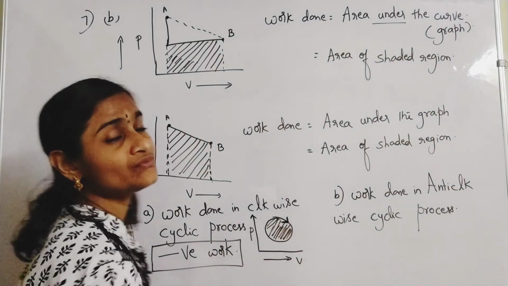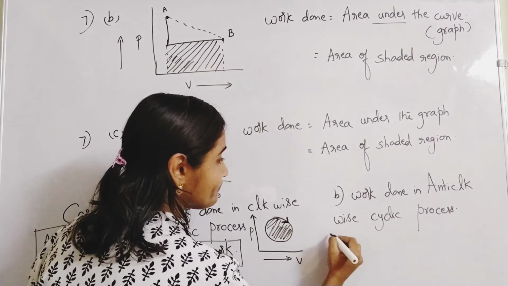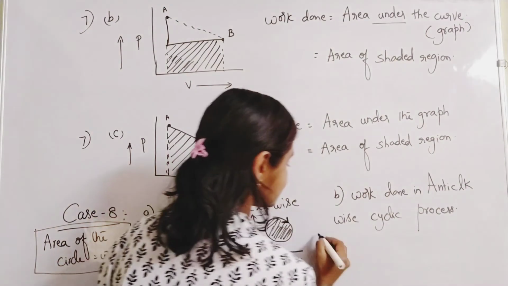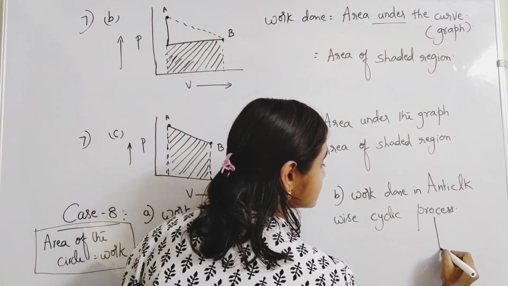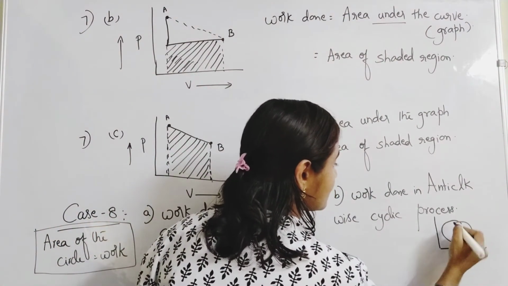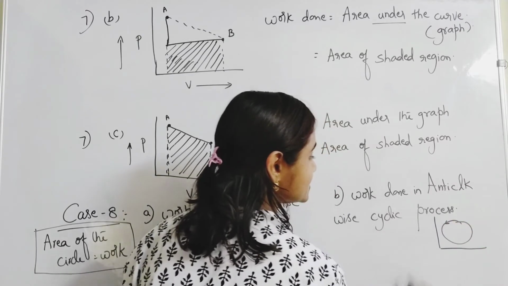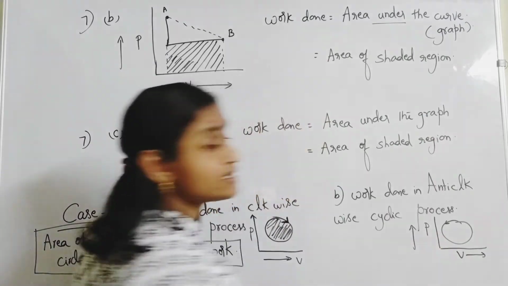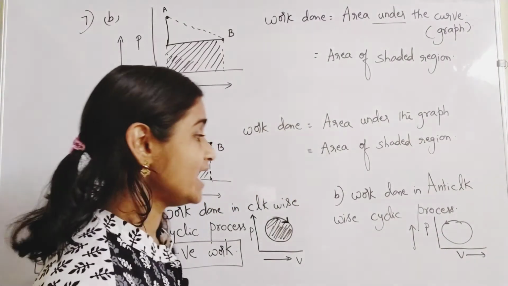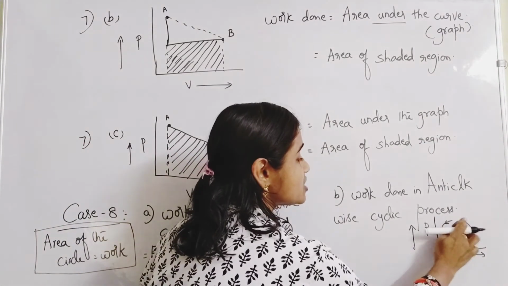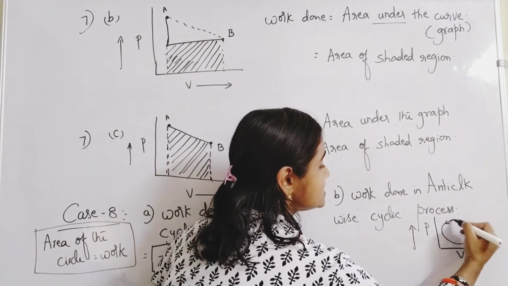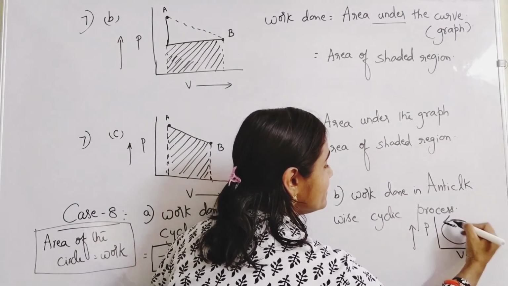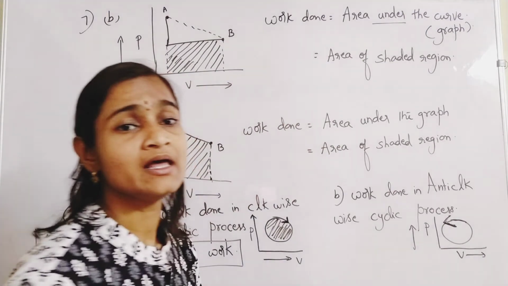The same holds in the case of anti-clockwise. It is again a circle on the PV diagram, but the direction is anti-clockwise. Please check this big arrow so that you will remember.